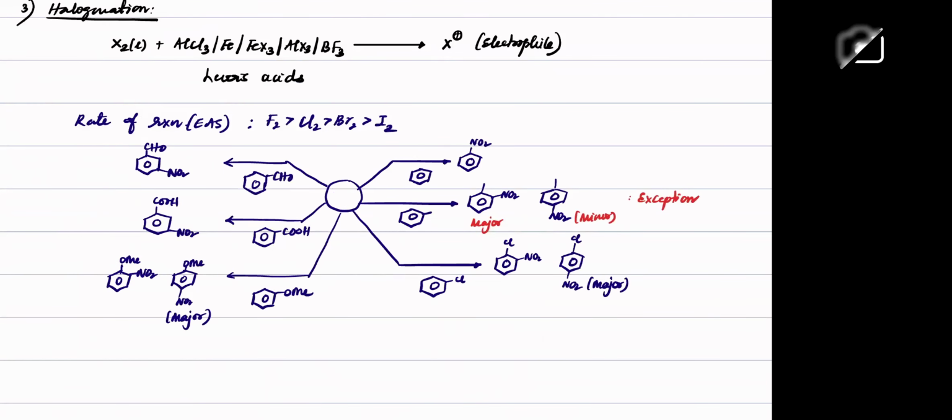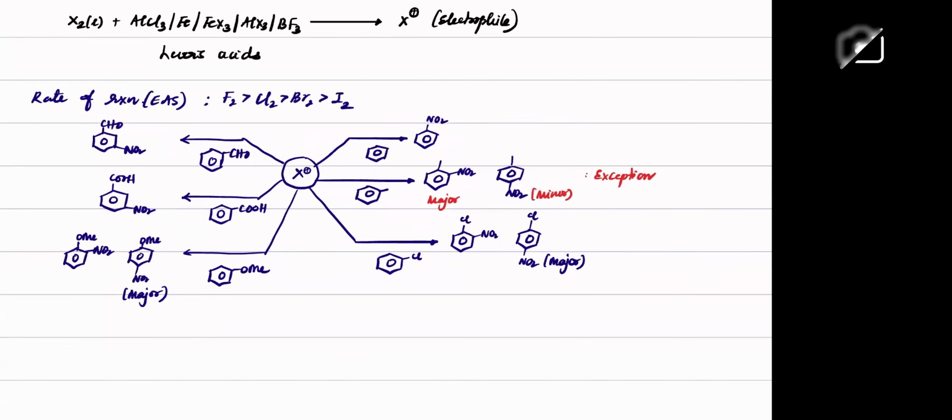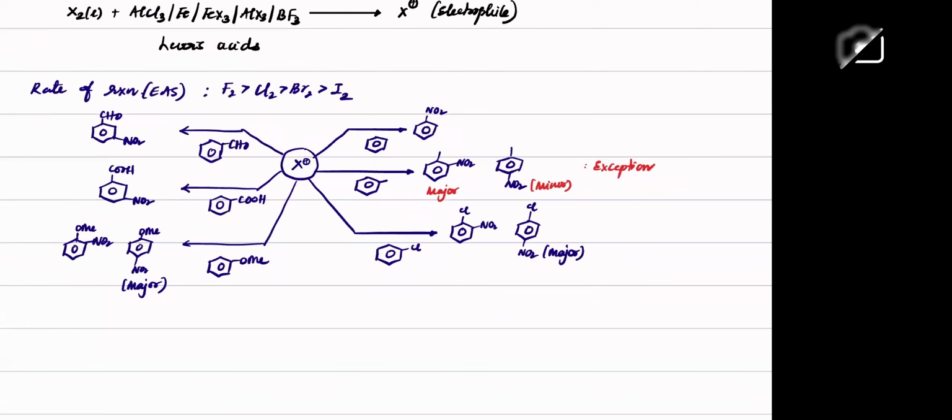If you have X plus here, and now you're reacting with all of these, then first with benzene you will get halobenzene. With toluene you will get ortho and para. And again para is, sorry, in this case also the same exception is valid.